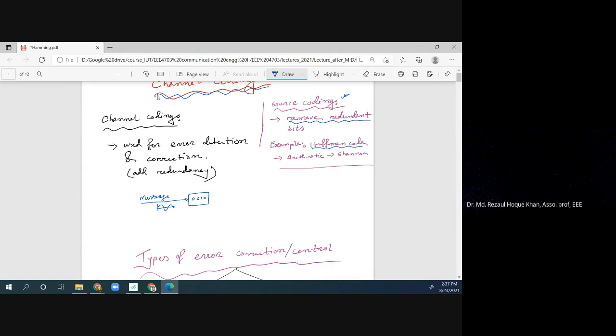Then it goes through the modulation techniques that we studied previously: ASK, MSK, PSK, and so on. After all this process, we transmit through the channel.